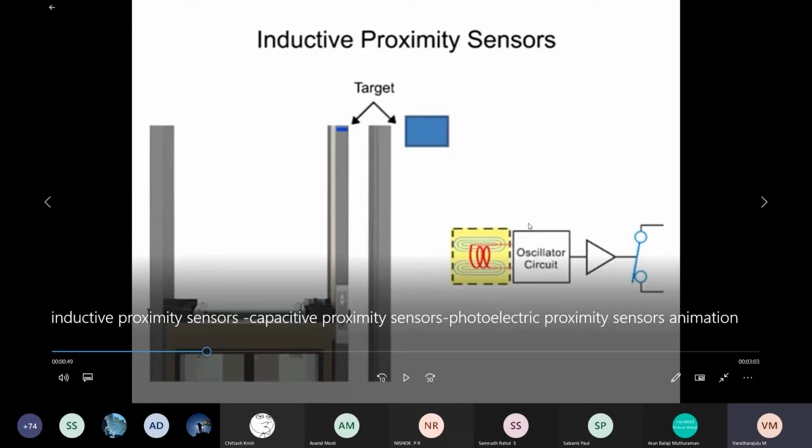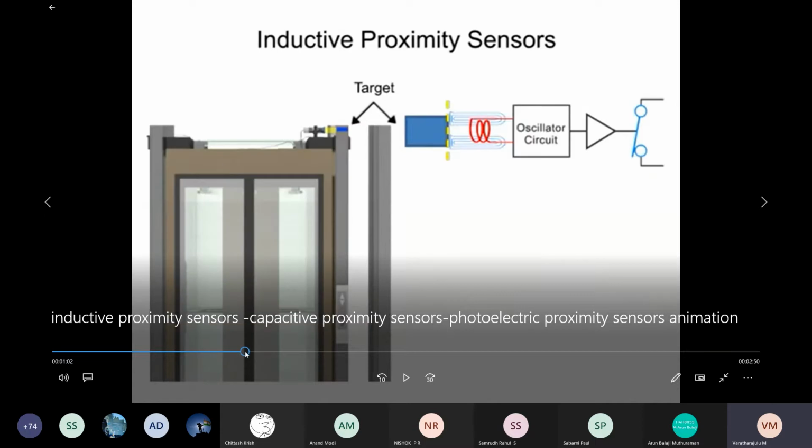The initial position of this inductive proximity sensor is lower when it approaches. This is usually applied in elevators, and when the oscillator circuit of the inductive proximity sensor is very near to the target, it changes the oscillator circuit, and based on that it can sense.